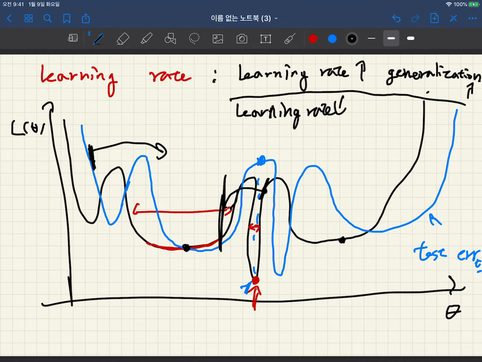That's why we need a learning rate scheduler. Essentially, at the first stage, we have to use a large enough learning rate so that we can escape from the narrow valley. After a sufficient number of iterations, we have to change the learning rate to small values so that we can converge to the local optimum. So this is one hypothesis.